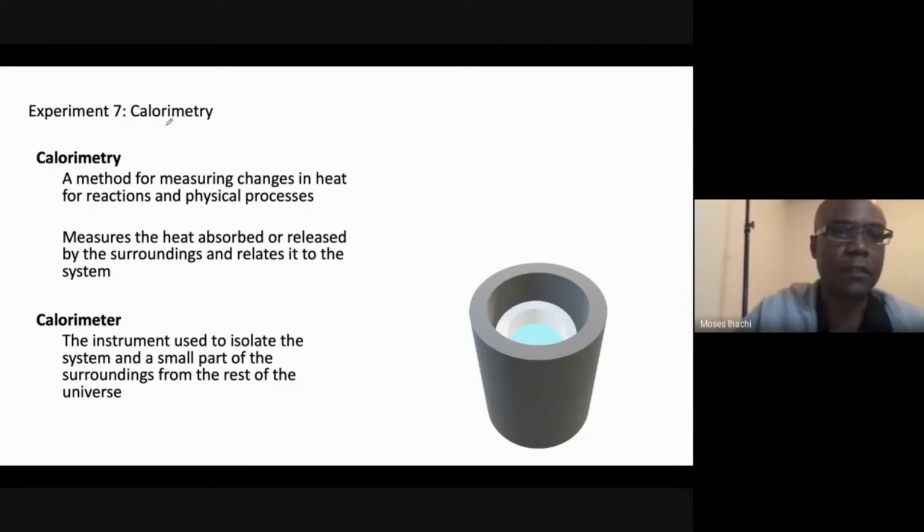Now we are on calorimetry. Before I discuss calorimetry, let's discuss the setup. The calorimeter is a setup that's used to determine heat enthalpy change. Because we are talking about neutralization, we'll be using the calorimeter to determine the heat of neutralization specifically.